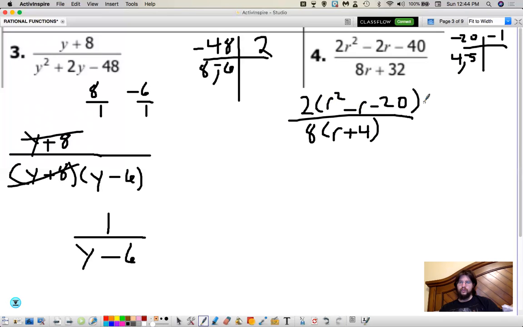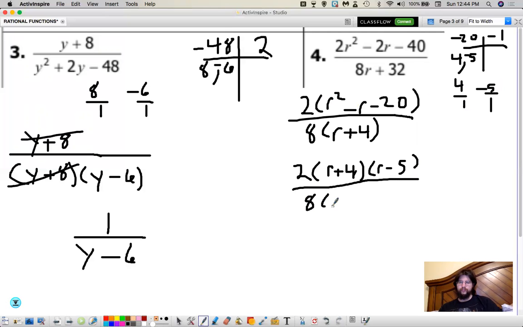A is 1, so it's going to be 4 over 1 and negative 5 over 1. Factor it. If we do factor, we'll notice we do have a cancellation. These r plus 4s cancel. So I'm left with, oh look, 2 and 8 simplify. So that's going to be 1/4, so 1 in the numerator. r minus 5 times 1 if you want, over 4. That's it.